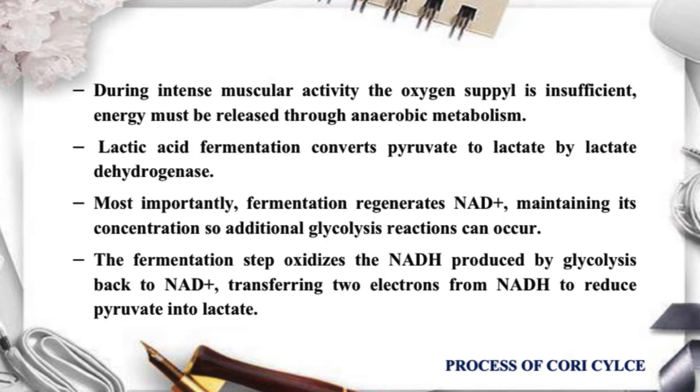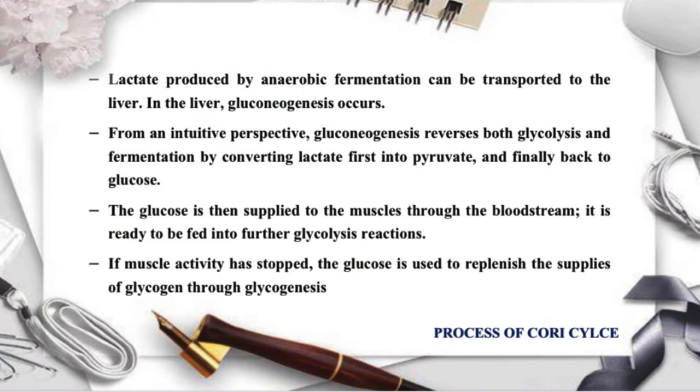The fermentation can oxidize the NADH produced by glycolysis back to NAD+, transferring 2 electrons from NADH to reduce pyruvate into lactate. Lactate produced by anaerobic fermentation can be transported to the liver.